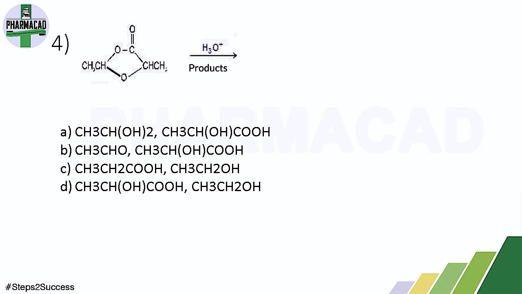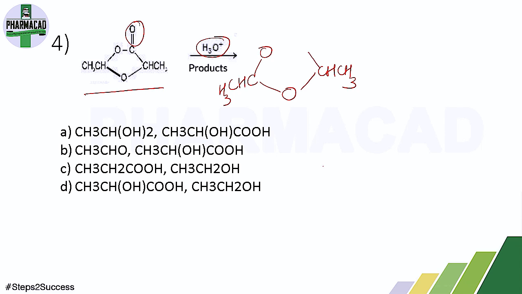Next question. This is our reactant. We are doing acid hydrolysis. What will happen? This C double bond O gets converted into, let's see, this CH3 will remain as it is. This one also remains as it is.